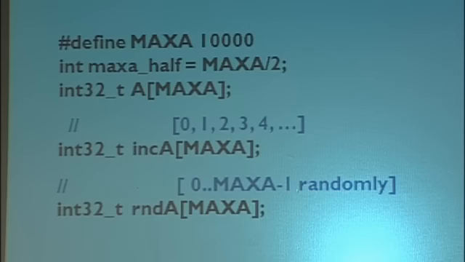So what I have is a program where I first created 2 interesting arrays to access this array A. One array has numbers 1 to max A stored in it. This one has 1 to max A in random order. So when I use this as a way to access the main array, if I use this inc A from 0 to n, I will actually access A also from 0 to n.